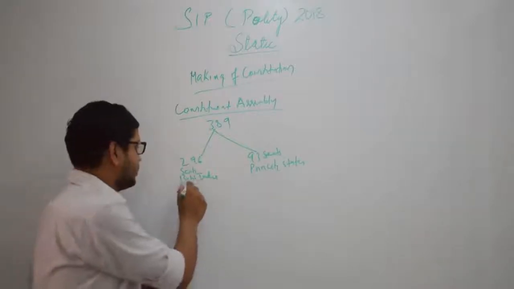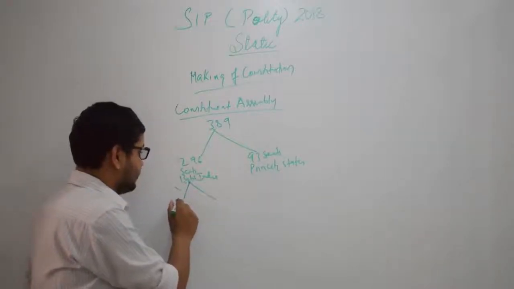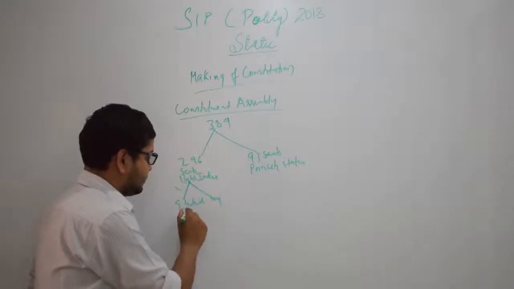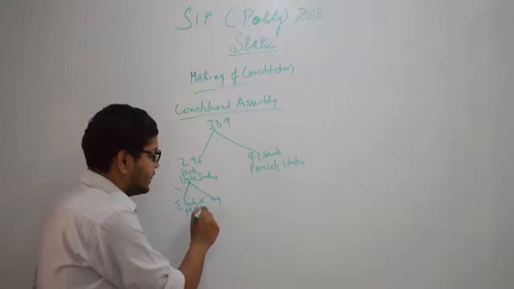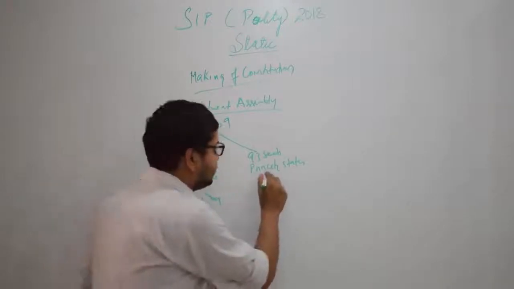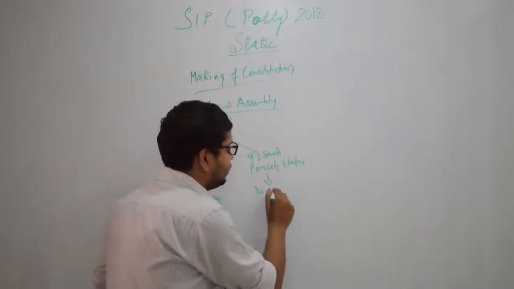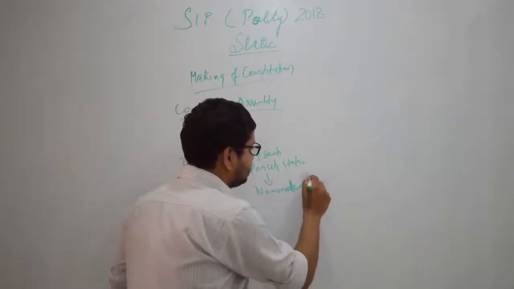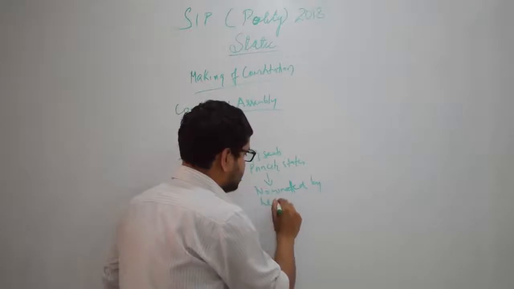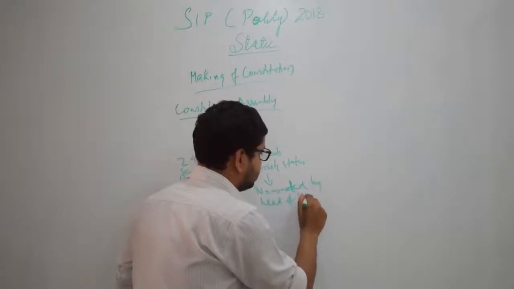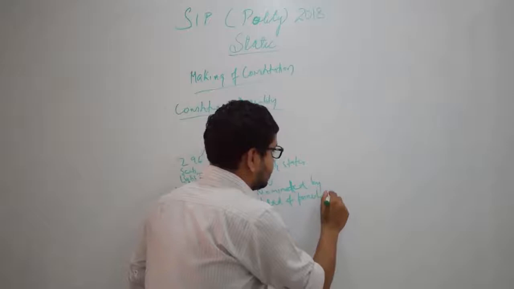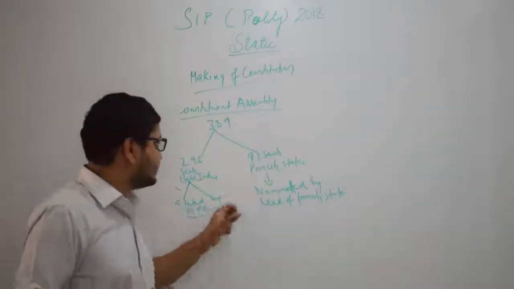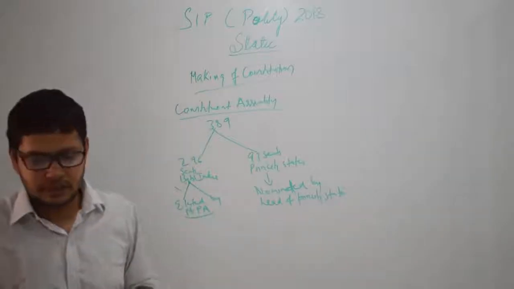The members from British India were elected by members of Provincial Assembly, while those from the princely states were nominated by the head of the princely states.